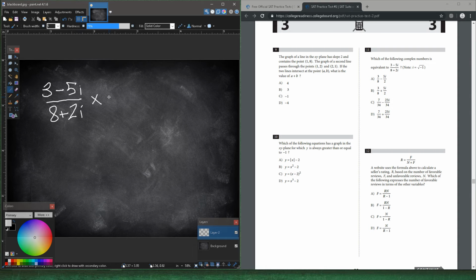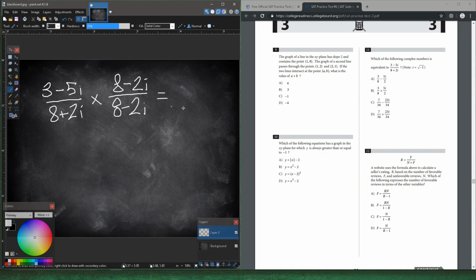This is actually really easy to do if you just look at the denominator. You write the exact same constants: the first one's an 8, but then the next number has to be the negative version of that number, so that would be negative 2i. That's all you have to write, and you have to write that also on the top. And then that equals something.